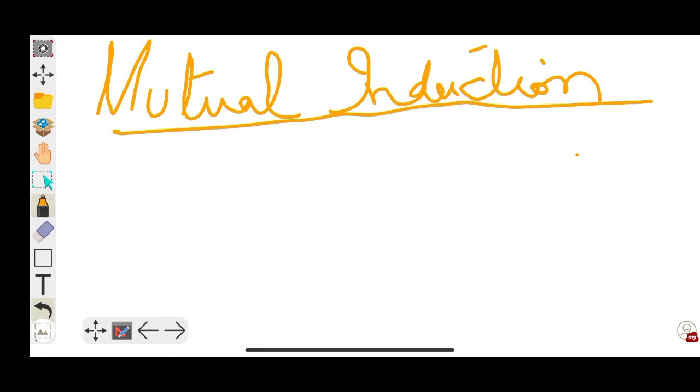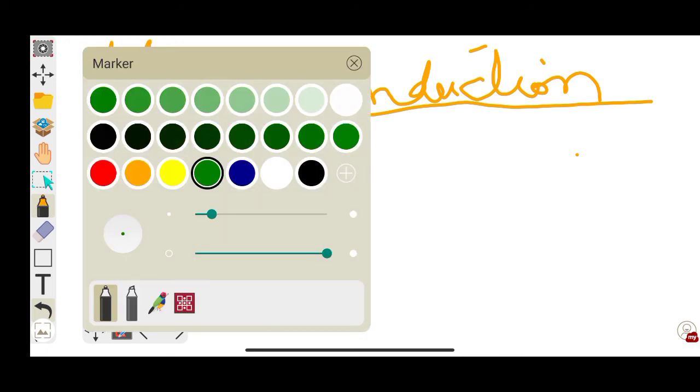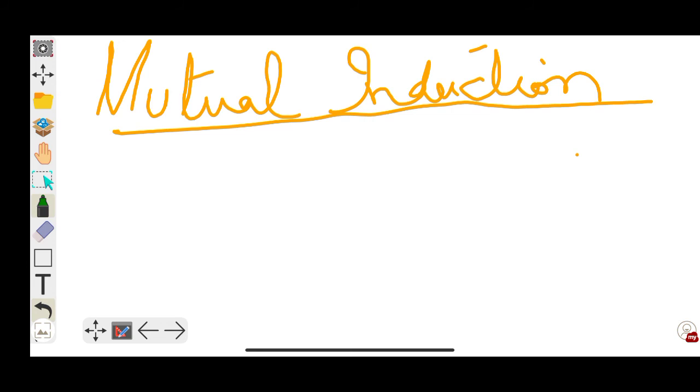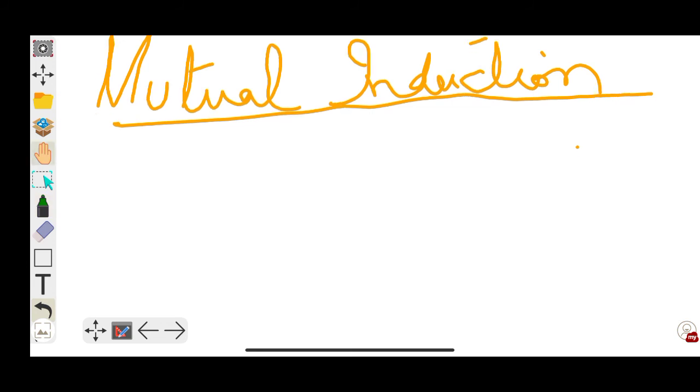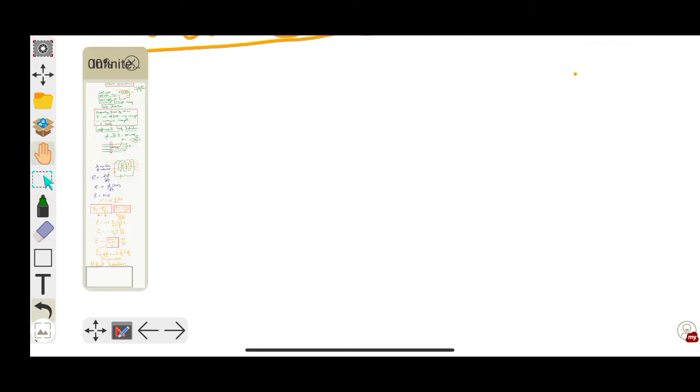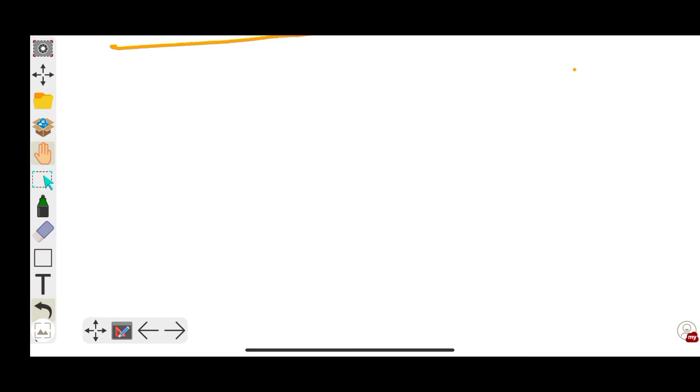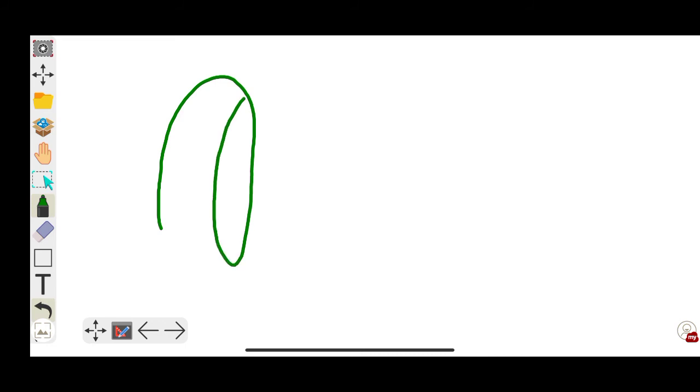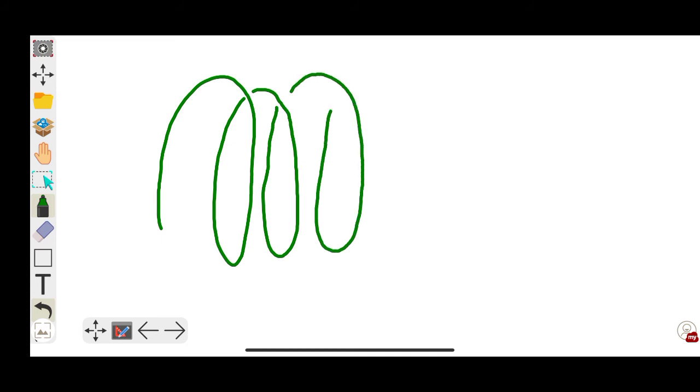So I'll assume again, let's suppose that we have got two coils here. I'll make the coils somewhat bigger. Remember, you can take coils as well as solenoid, and if it has got a length like this, you call it a solenoid.